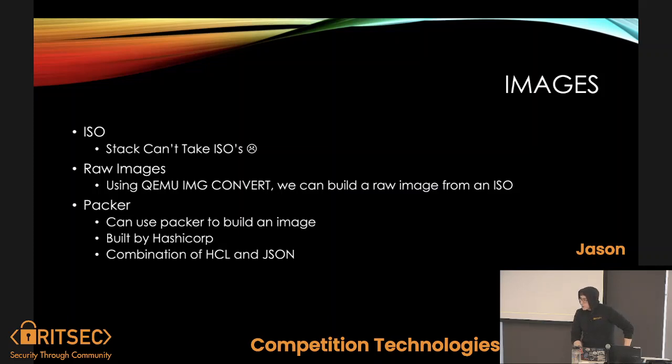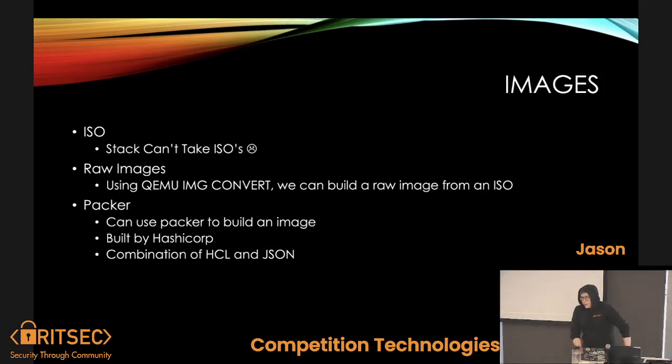But the fun thing about ISOs is that while they're ubiquitous, the stack cannot take an ISO file and make it into an actual virtual machine, which is kind of annoying. So we can use a fun little utility called QEMU to convert the image of type ISO to a QCOW image or a RAW image, and we can upload that to the stack and use that image instead, which is pretty powerful.